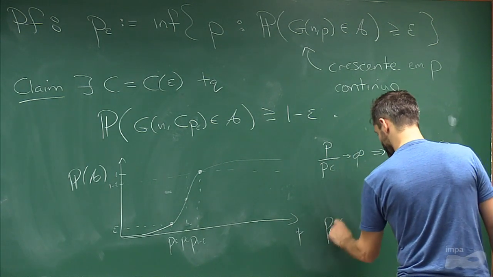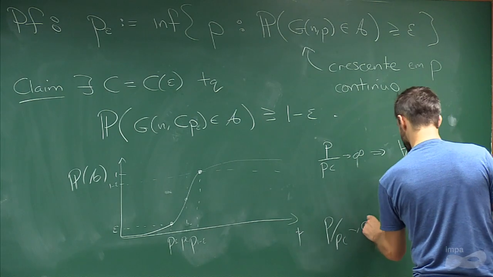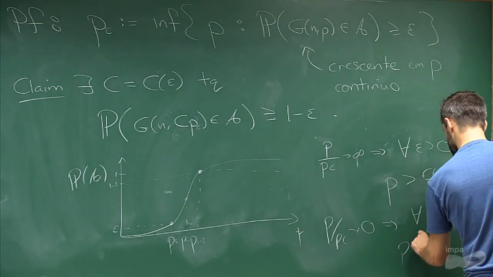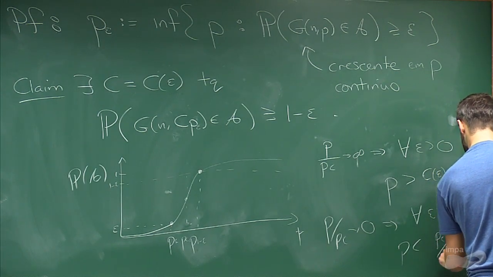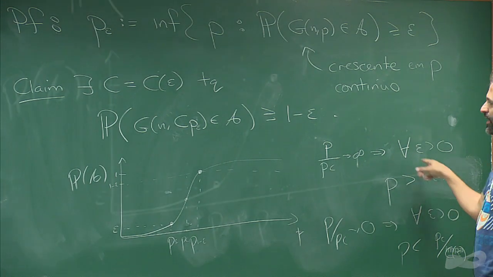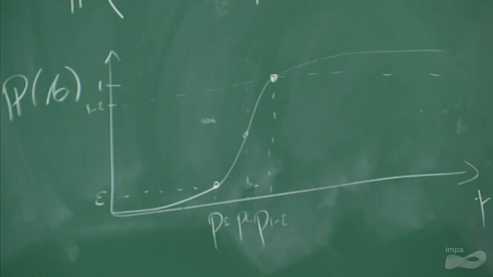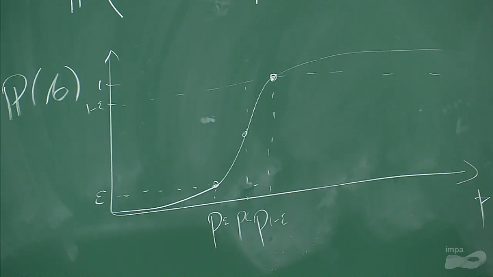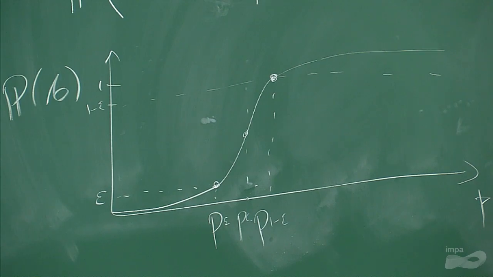Right? p over PC goes to 0 implies for every epsilon, p is less than PC over C of epsilon. Right. So the conditions tell you that you're bigger than this, and then this tells you that in fact your probability at this p is bigger than 1 minus epsilon for every epsilon. So it tends to 1.